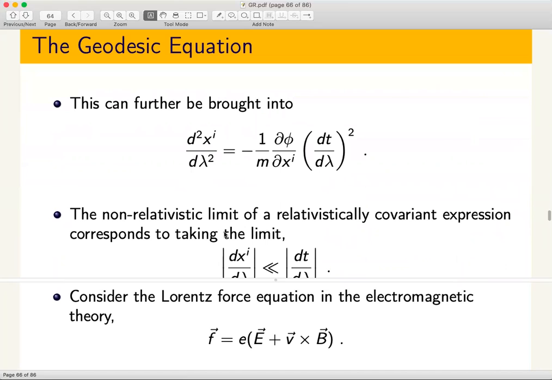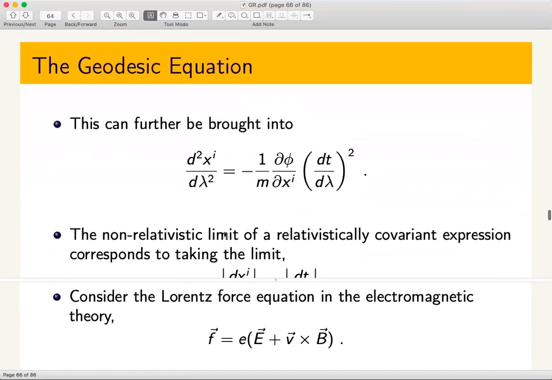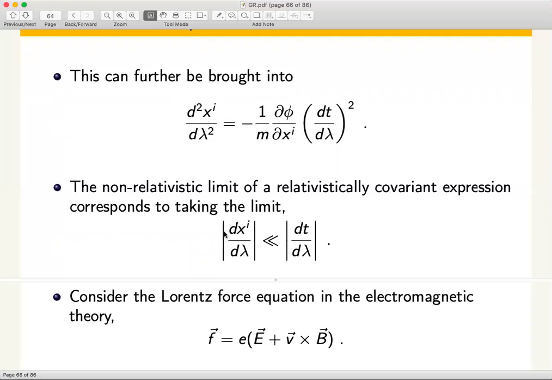Once you bring this into a form of this type, this is an equation that we have written down for a non-relativistic particle. Non-relativistic particle means we have made certain assumptions about the velocities involved when studying a problem of this kind.